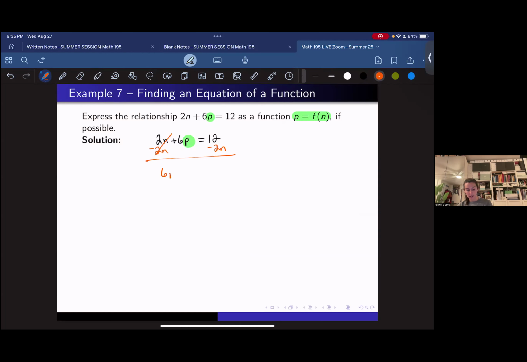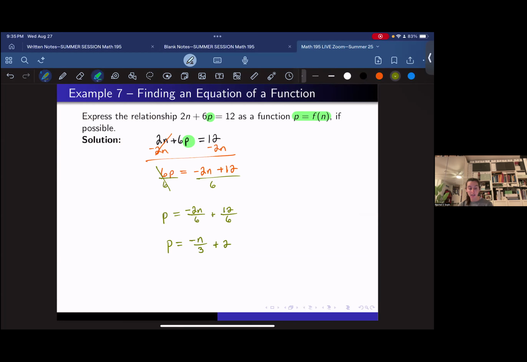So we're looking at 6p is equal to -2n plus 12. Divide both sides by 6. So we have p is equal to -2n over 6 plus 12 over 6, which is just the same as -n over 3 simplified plus 2.